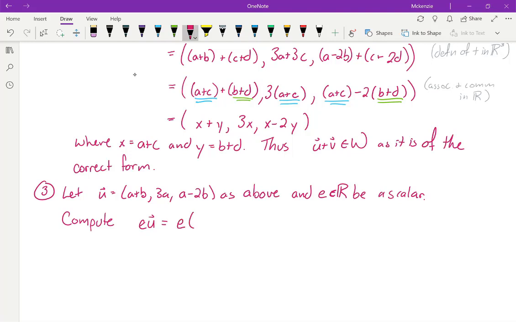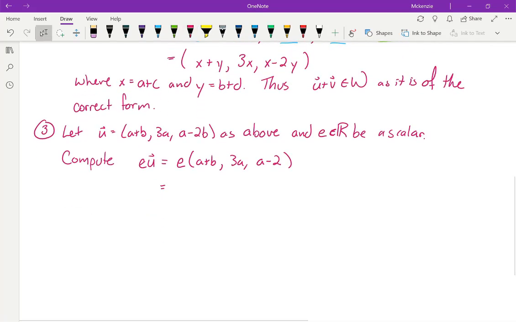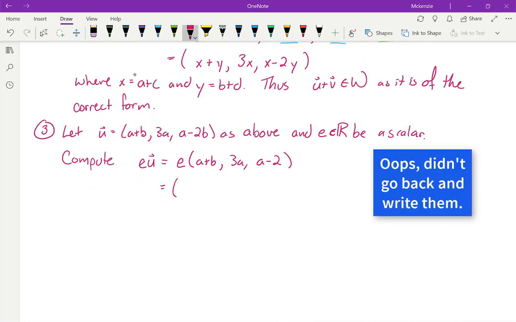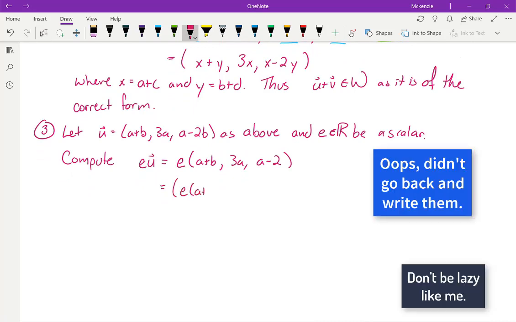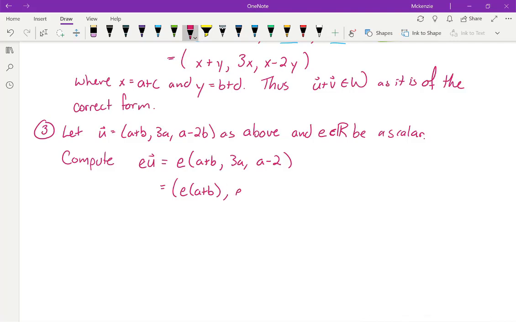So that's e times a plus b, 3a, a minus 2b. Again, using substitution, I'll write in the reasoning afterwards so that I don't have to switch pens all the time. So e times a plus b, e times 3a, e times a minus 2b. So we have our definition of scaling. And then again, we want the middle term to be 3 times something.